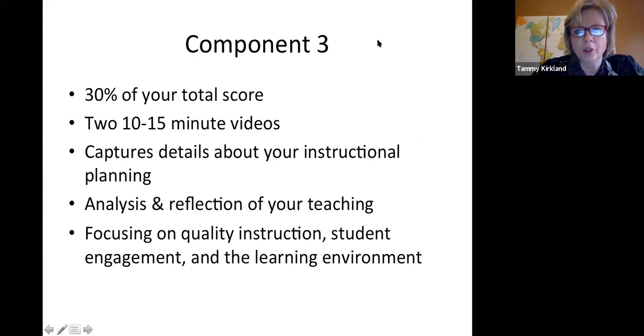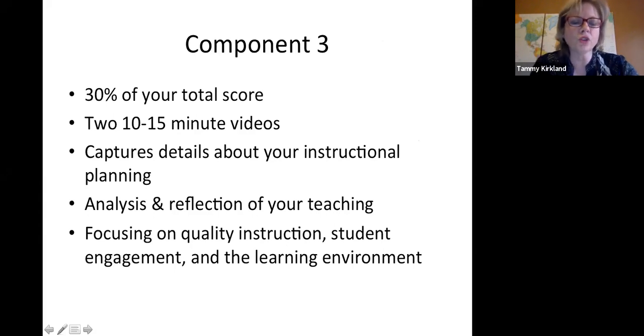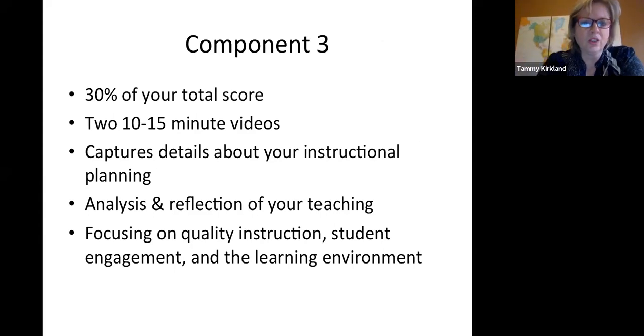Component 3, I'm sure all of you know, or I hope you know, that component 3 is worth 30% of your total score. And it consists of 2 10 to 15 minute videos, captures details from your instructional planning, analysis and reflection of your teaching, and focusing on quality instruction, student engagement, and learning environment.